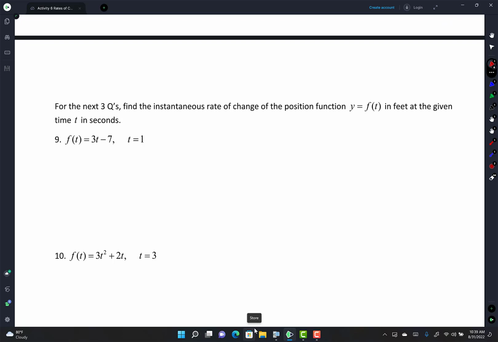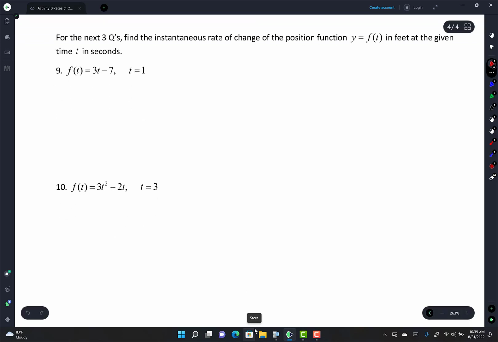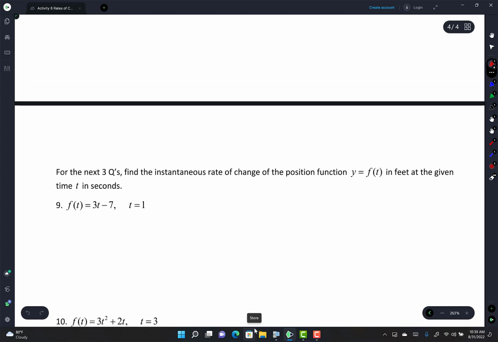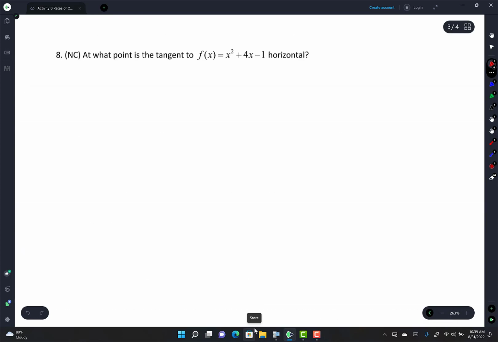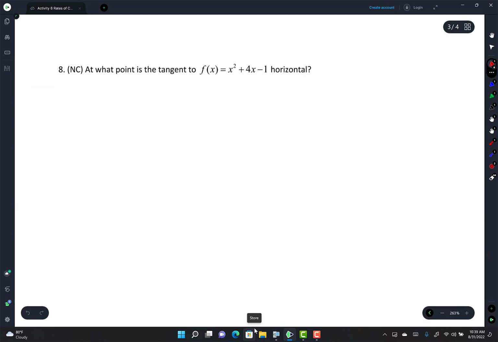All right, guys, which one's giving you a hard time? Number 8. At what point is the tangent to f of x equals x squared plus 4x minus 1 horizontal? What slope do you have when the line is horizontal? 0.